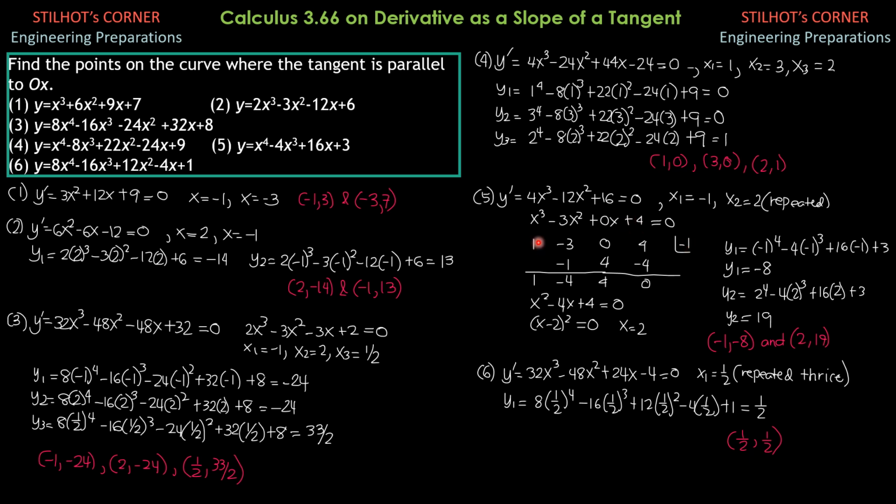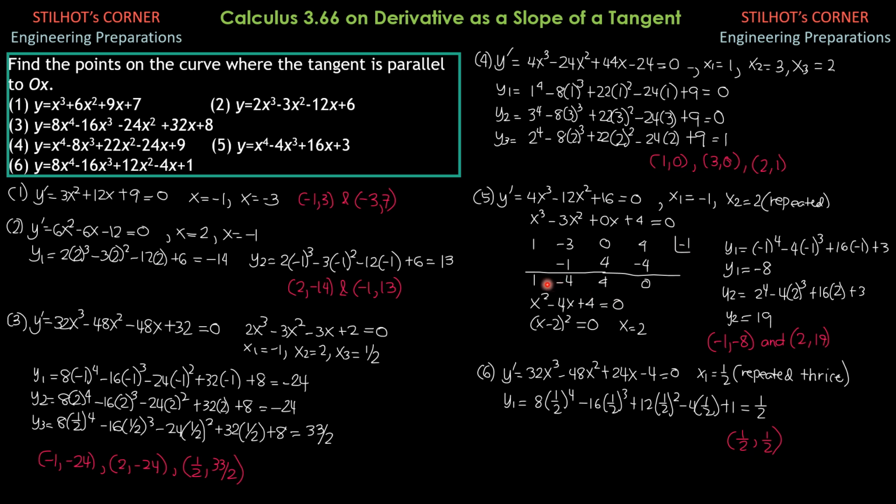After that, we bring down 1 first, then -1 times 1 is -1, add the entries. So we have -4, -4 times -1 is 4, 0 plus 4 is 4, 4 times -1 is -4. The sum in the last column is 0, so that means this is one of the roots.